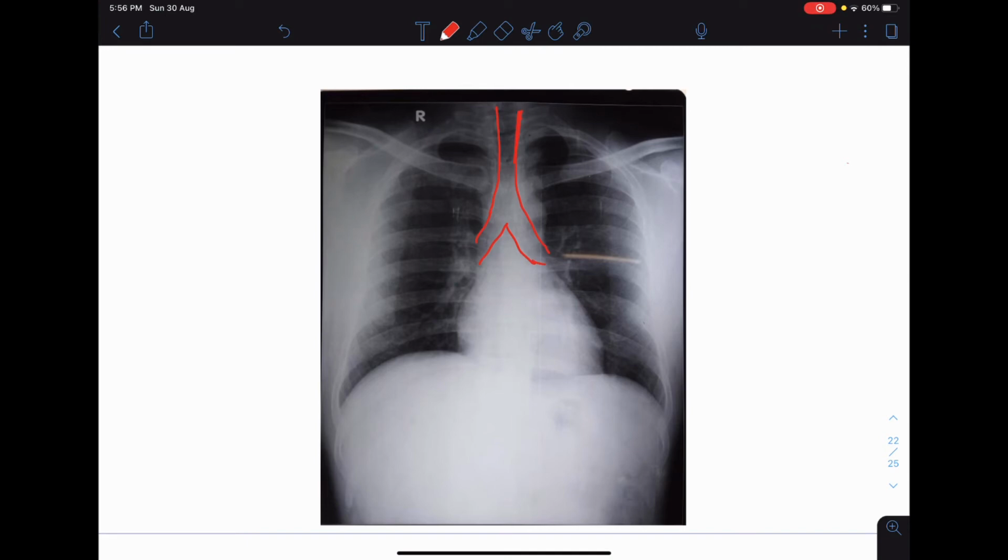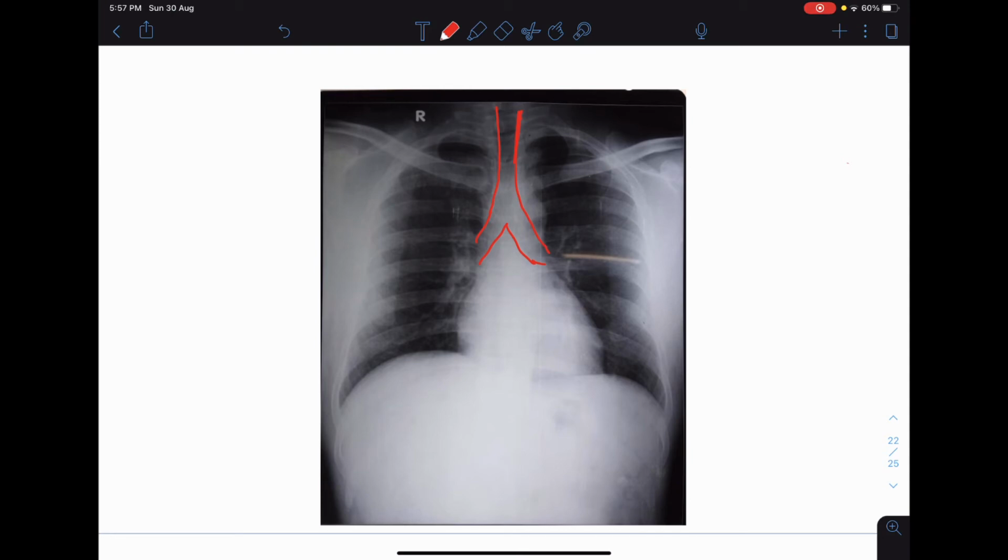So normally trachea is central in position, but there are cases where trachea will be pushed or pulled towards a particular side. In cases of pleural effusion or empyema thoracis, massive pleural effusion, empyema thoracis, all these cases will lead to pushing of the trachea towards the opposite side.